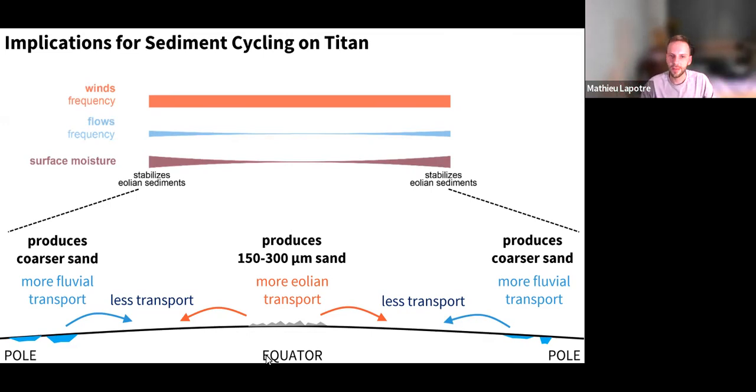Now, we also know that some sediments produced at high and low latitudes are transported towards the mid-latitude. As I mentioned earlier, the sediment transport pathways were mapped previously, and this was shown. And as ground moisture increases from the equator towards the mid and high latitudes, aeolian transport becomes less efficient despite relatively frequent winds, possibly creating a lull in transport frequency around the mid-latitudes.